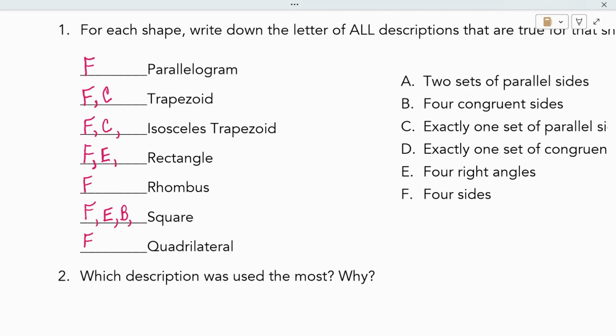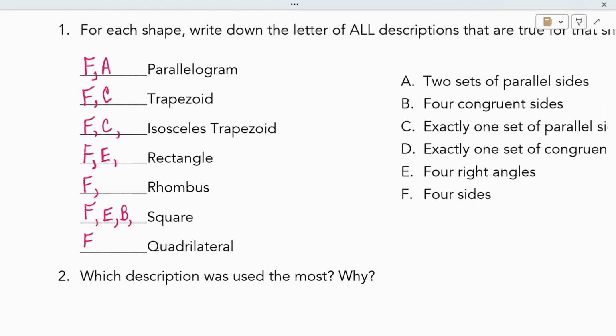A rhombus has 2 sets of parallel sides. Is that true? It has 4 sides congruent. What can we say about a parallelogram? What makes a parallelogram a parallelogram? 2 sets of parallel sides. Okay, so that's A. What can we say about that isosceles trapezoid?